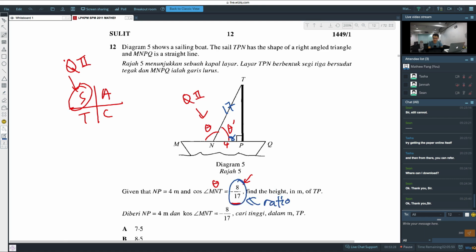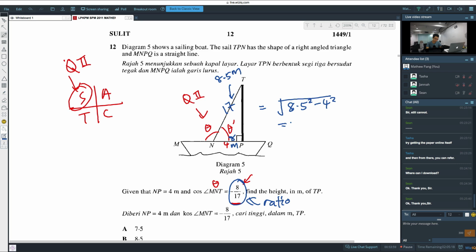So what you can do is, you can see 8 in real life basically is 4 meter, so divide by 2. So I can know my NT very well if I divide by 2. So it's 8.5 meter if you divide 17 by 2. So I can find TP very easily by using Pythagoras: square root of 8.5 squared minus 4 squared.